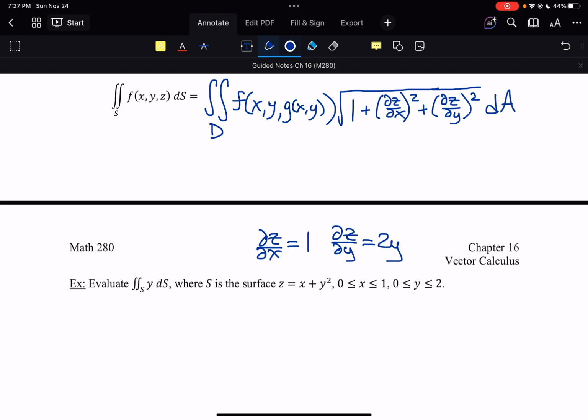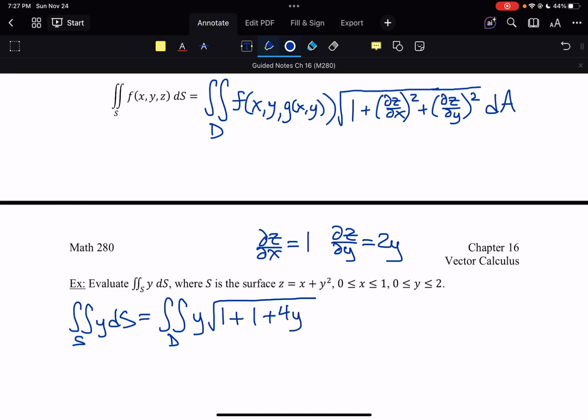So the surface integral over S equals the double integral of y times the square root of 1 plus the partial with respect to x squared, so that's still 1, plus the partial with respect to y squared, so that's 4y squared, dA.